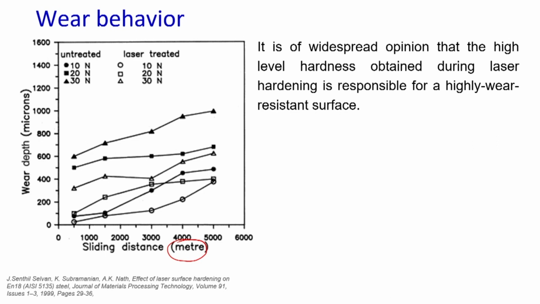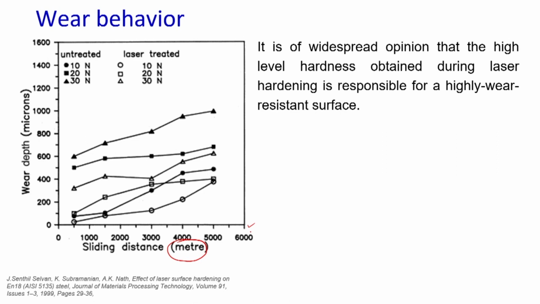So, we are measuring the wear depth continuously by using optical microscopes, and then we are plotting it against the sliding distance. Here you can see on the x axis we have the sliding distance, which is varying from 0 meters to about 6,000 meters.